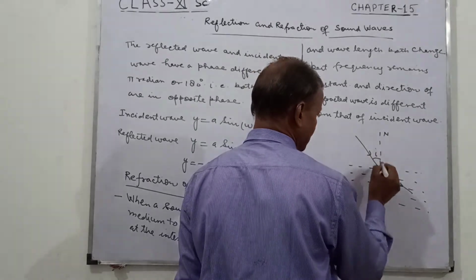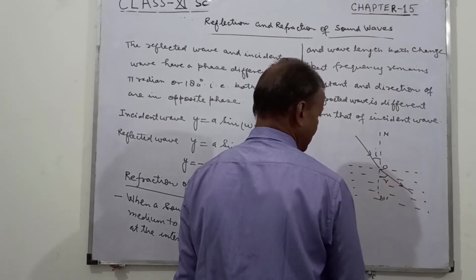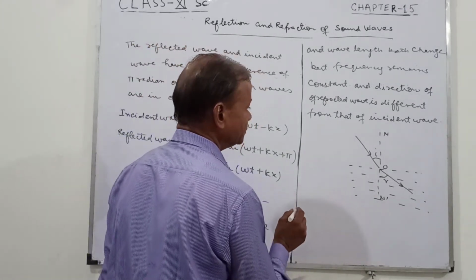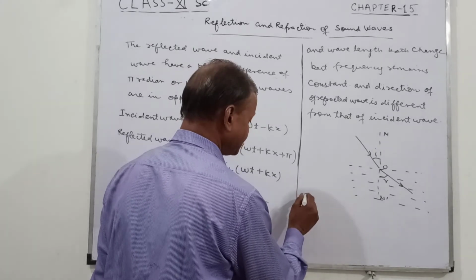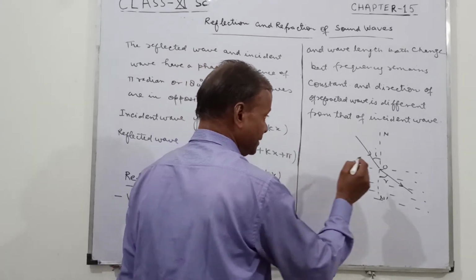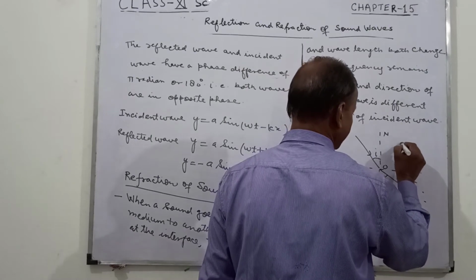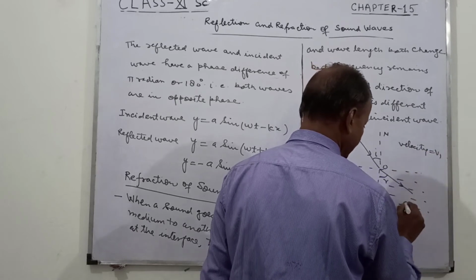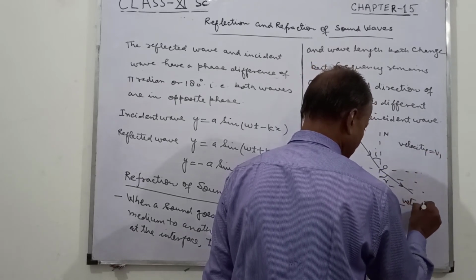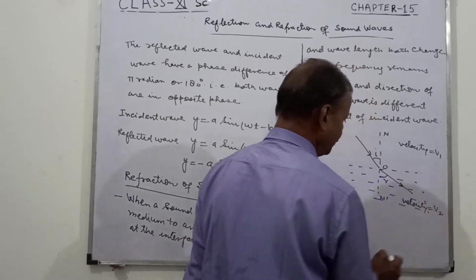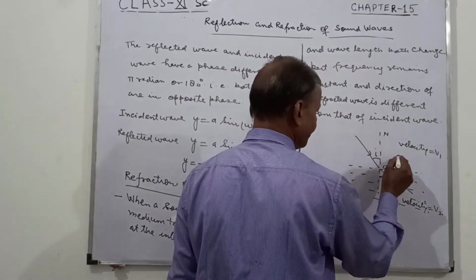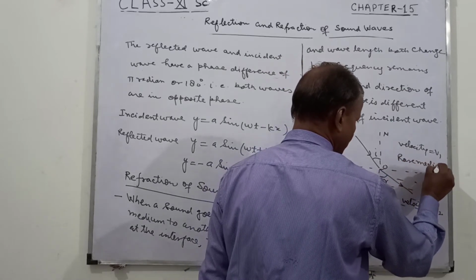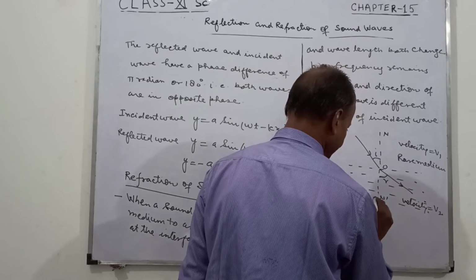This is the angle of incidence I, this is the angle of refraction R. Suppose the velocity is equal to v1 and here the velocity is equal to v2. Then this is the rare medium, and this is the denser medium.